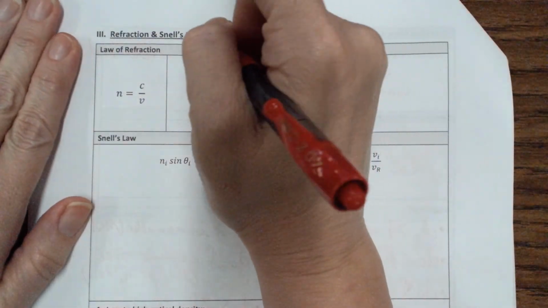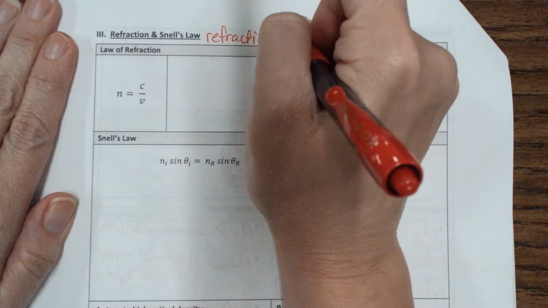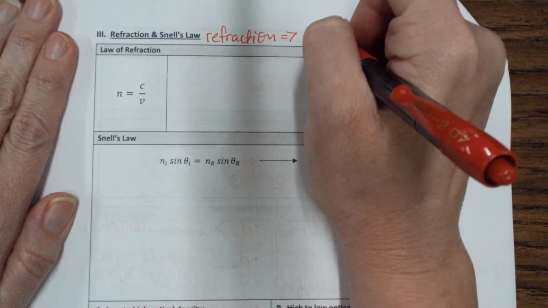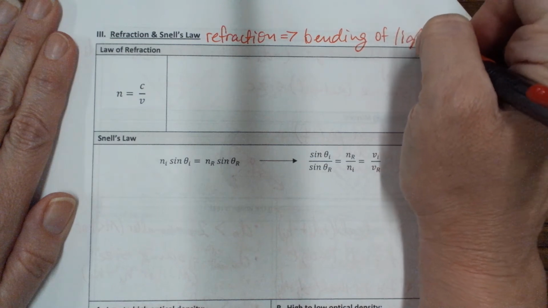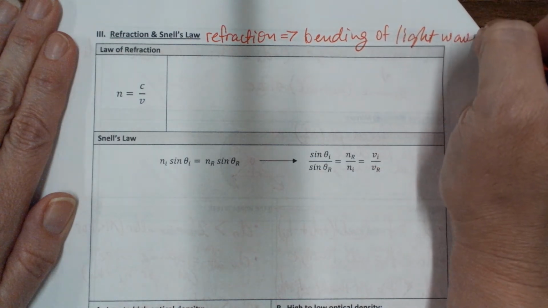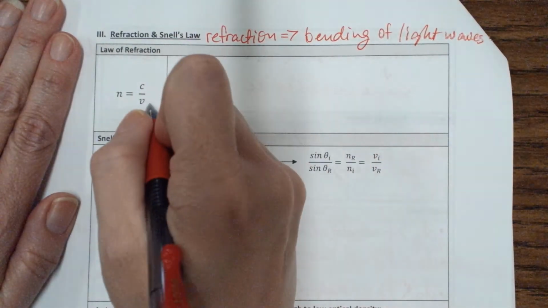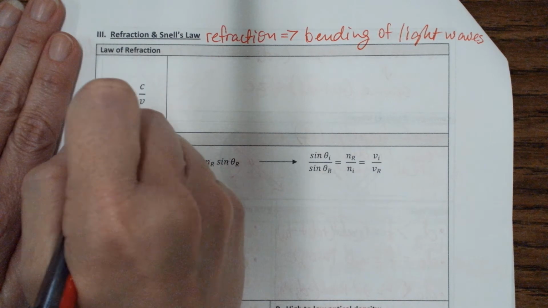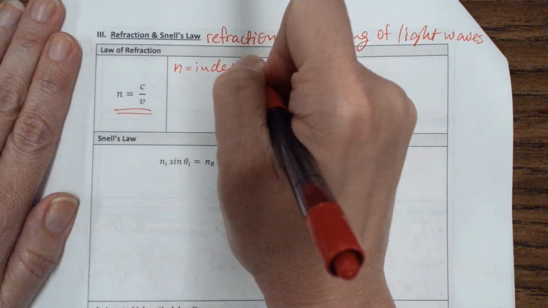So if you remember from the last lecture, refraction is when you have bending of light waves. How much they bend is based on something called the index of refraction. This is a formula on your formula sheet, where n is the index of refraction.